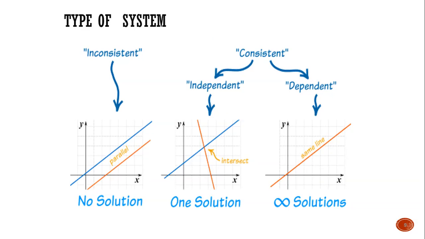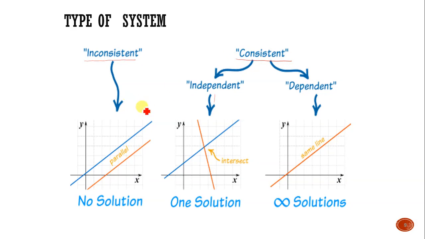So we can see with these three examples that our system can be inconsistent or consistent.